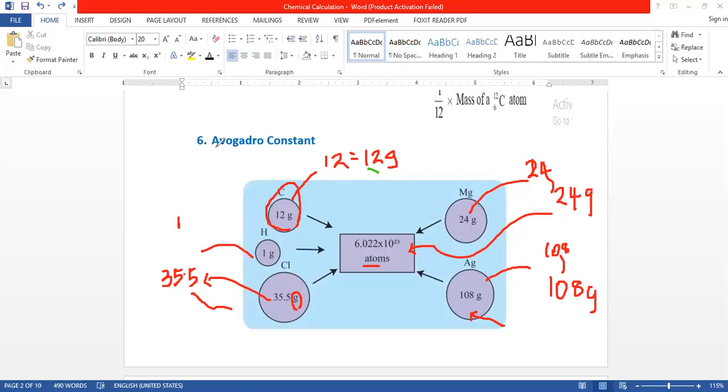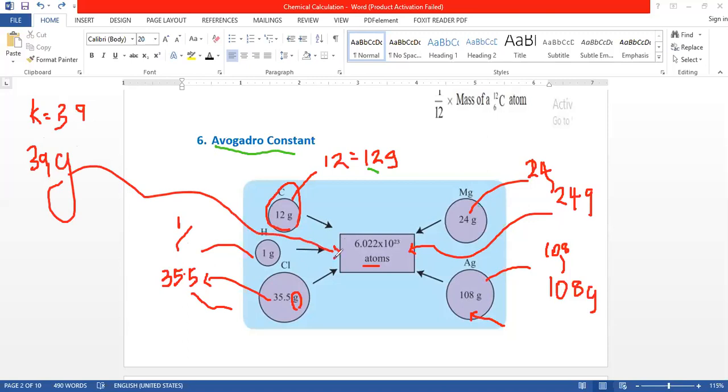If you take any atoms or molecule which has equal amount of relative atomic mass. For example, if you take potassium, the potassium relative atomic mass is how much? 39. So if you take 39 gram, then it will have 6.022 into 10 to the power 23 potassium atoms.